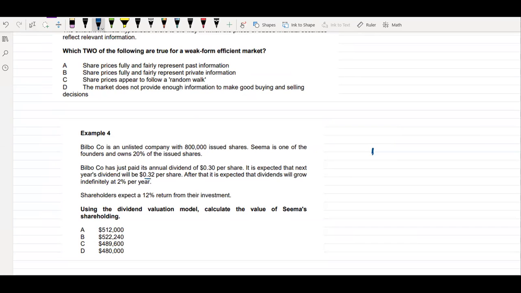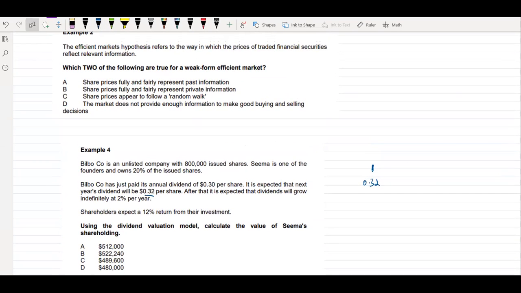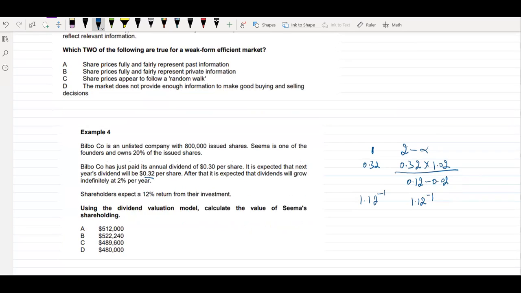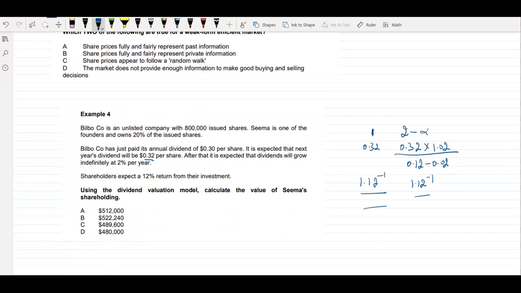And from year two onwards, this will increase with a growth of 2% for the foreseeable future. और इन दोनों को डिस्काउंट कर लें किसके ऊपर? 12%. प्लीज कैलकुलेट करें व्हाट इज द मार्केट वैल्यू पर शेयर और उसको फिर 800,000 से मल्टीप्लाई भी कर दें. प्लीज कैलकुलेट.